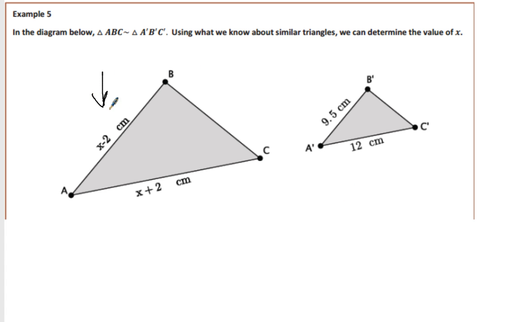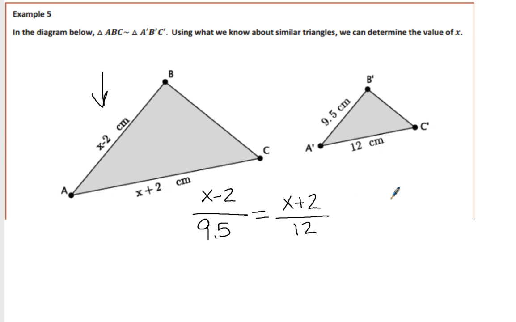I'm going to start over here. So we're going to write x minus 2 compares to, so we have AB here, compares to A prime, B prime. Do you remember doing this? And that's going to equal AC, which is x plus 2, compared to A prime, C prime, which is 12.